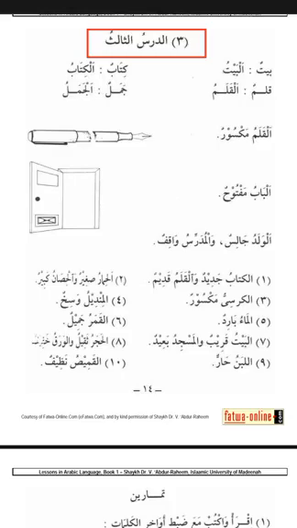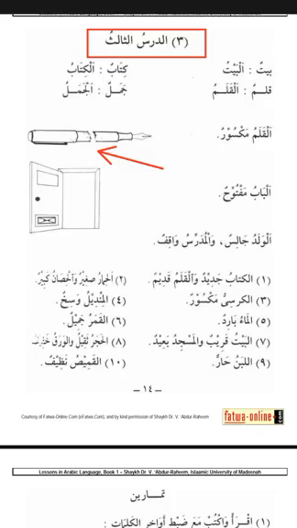So now let's go to where the word is being used in a sentence. Al-qalamu maqsurun. The pen is broken. In Arabic, these two words form something called subject and predicate.